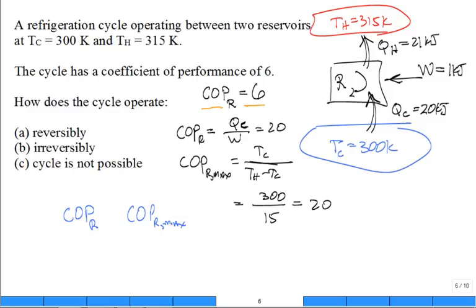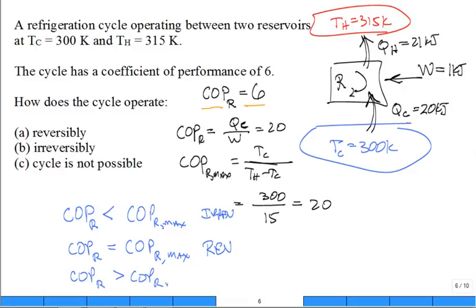If this is less, then you have some irreversibilities present. If the coefficient of performance observed is equal to the coefficient of performance maximum theoretically possible, it is reversible. And if the coefficient of performance reported in your design or observed is greater than the maximum, then look for some error because it's not possible. It violates the second law. True?